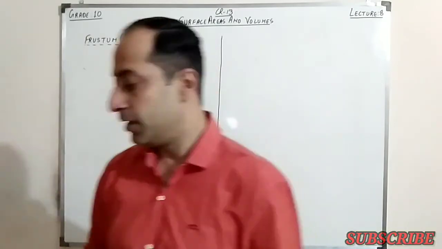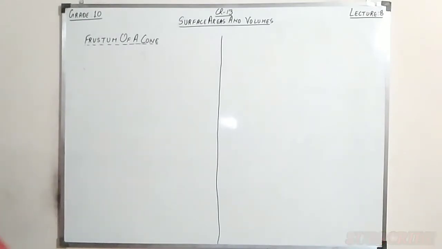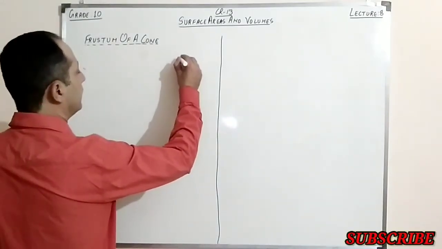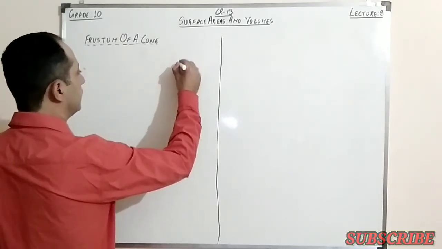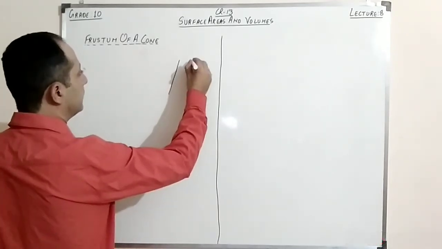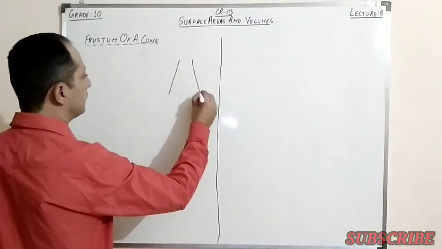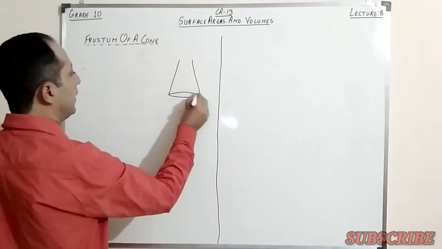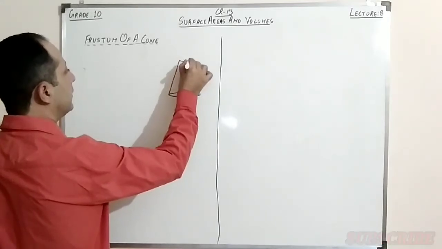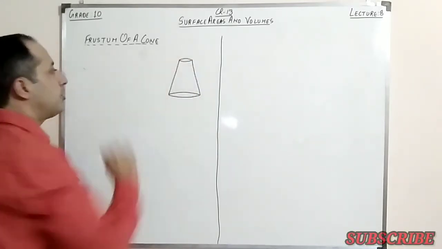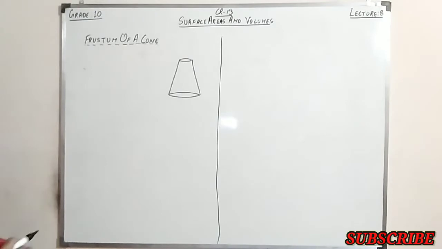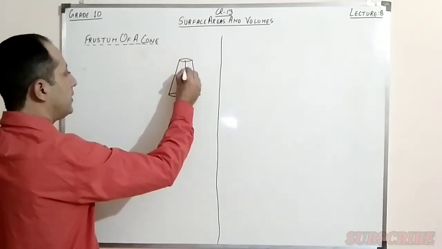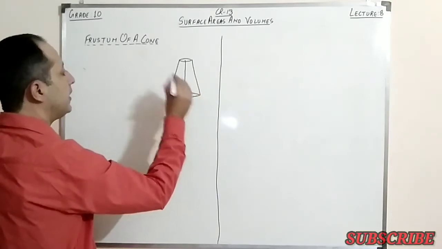Let me draw the figure of this now on the board. You can see in this figure there are two circular bases, 1 and 2, so obviously it has two different radii.